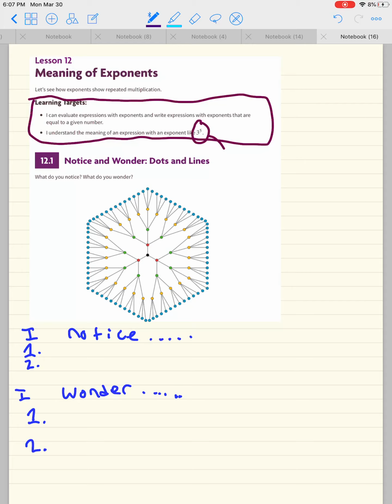So some things that you could have noticed are that it looks like a hexagon. You could have noticed that there's different colored dots and that there's more and more each time. You could have noticed that each dot has 3 connecting to it.